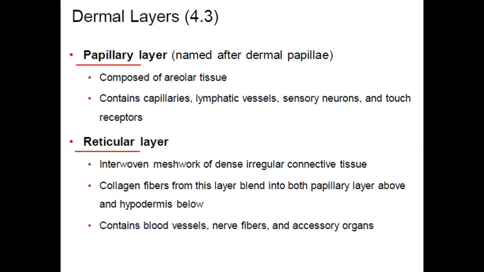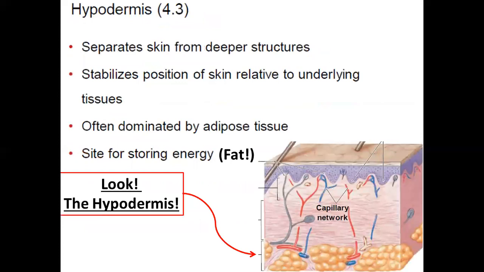And there are more blood vessels, nerves, and accessory organs. We'll talk about some sweat glands and other glands that are located there that are accessory structures in the integumentary system.